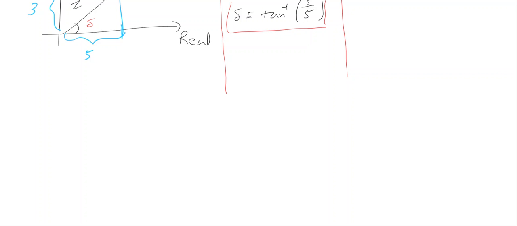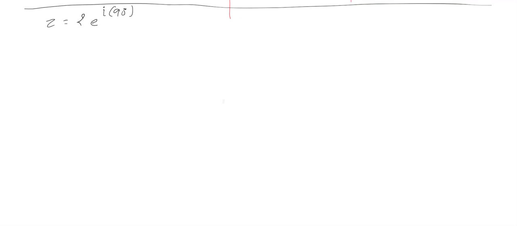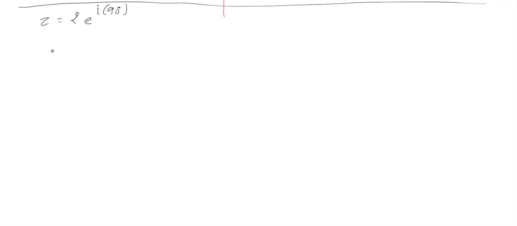Similarly, suppose you are given, say, z as 2 e raised to I 90. Normally the angle will be given in terms of radian. If not, you can convert it. Find out the other two forms of this complex number. So what I can do is, from this equation, when I compare it with the standard form, I realize that mod z here is 2 and delta is 90 degrees.